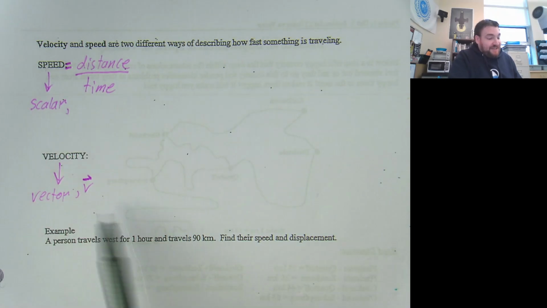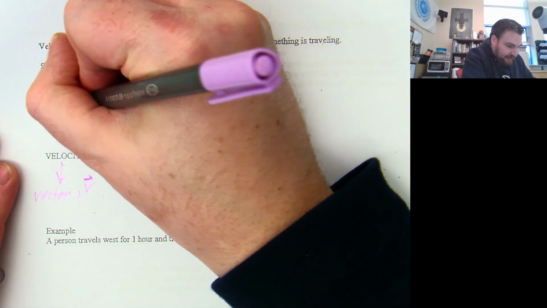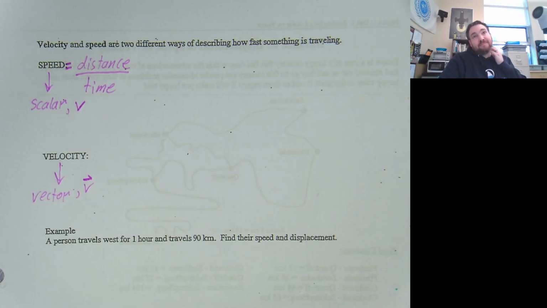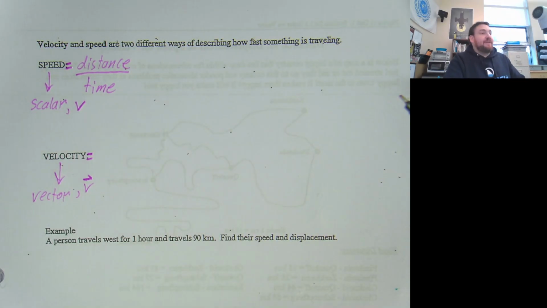So velocity is v with the arrow above it. So then speed is v without the arrow. Speed's the scalar, velocity is the vector. So then if speed is distance over time, if you had to guess, velocity is going to be what?